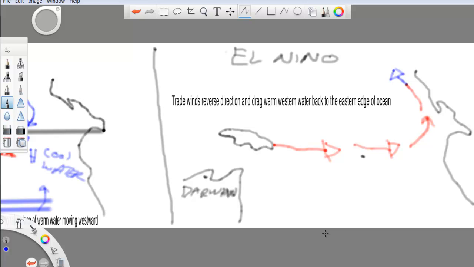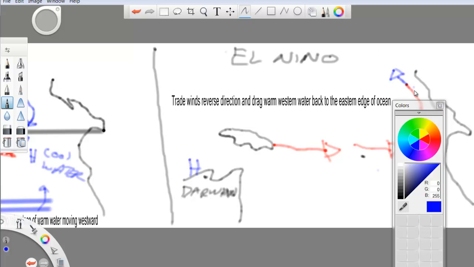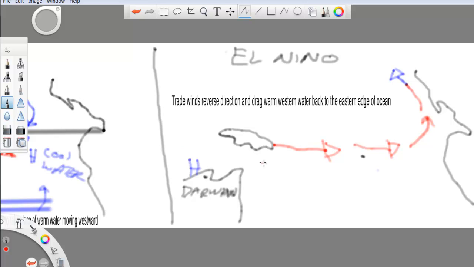So there's a certain pattern that scientists notice: in Darwin, Australia, the atmospheric pressure is higher, and in Tahiti it is low. And then they anticipate, when they see this pattern, that El Nino is going to occur.